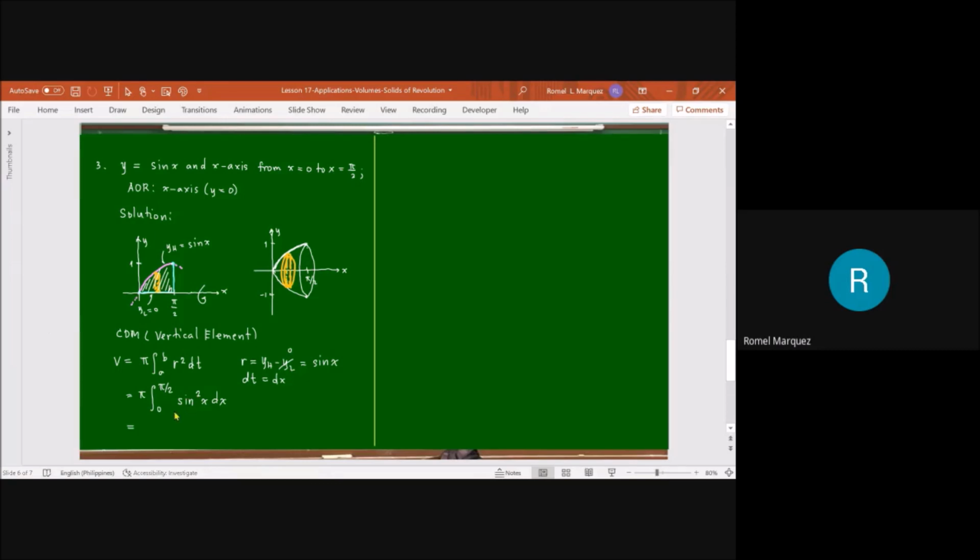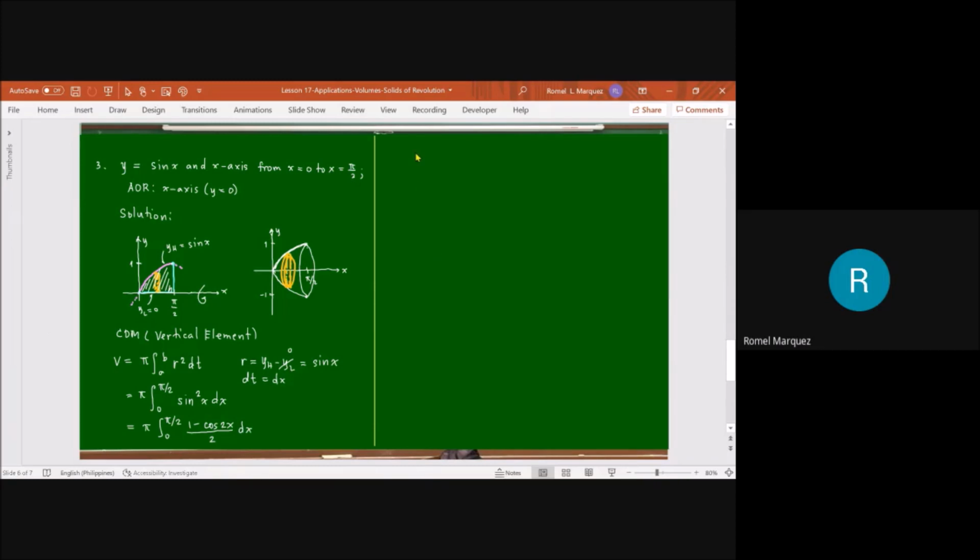This is even case. We have pi integral from 0 to pi over 2. The transformation here is 1 minus cosine 2x all over 2 dx.